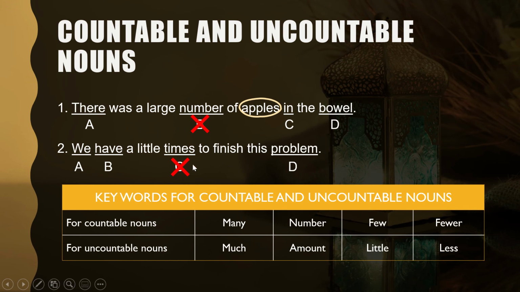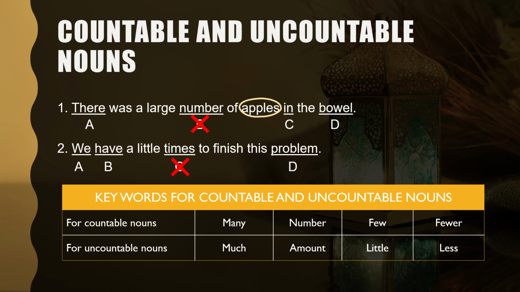Next example, we have a little time to finish this problem. C is incorrect because a little is a modifier for uncountable nouns, and an uncountable noun cannot be put s here. Times and time have different meaning. If time with s like this, times means kali, several times, beberapa kali, many times.